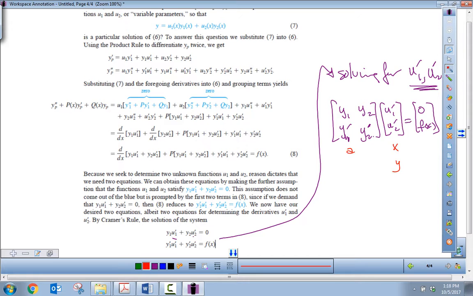This is like A, B, C, D. And this is what we ended up calling z1 and z2. And then x is equal to this matrix, except the first column with 0 and f(x), except instead of x, we're calling it u1 prime.